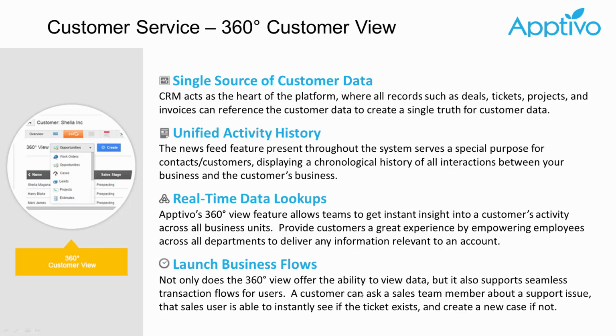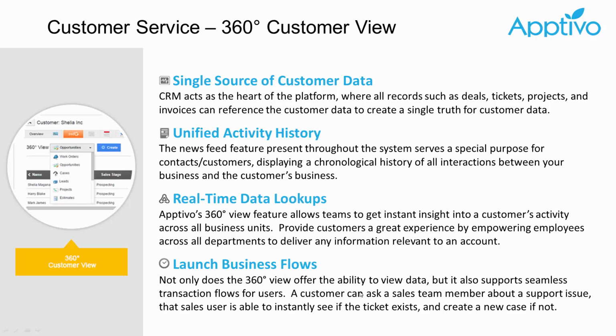One is we don't duplicate info. Your CRM data gets reused across the whole platform, meaning if support gets a new phone number for a contact, or maybe billing gets a new phone number or has to update information, all of them can contribute and work on the same source of information. That way you never end up in the scenario where over time billing changes some details about the contact, they have a brand new contact, and then the salesperson goes back in for renewal and they're calling the wrong person.